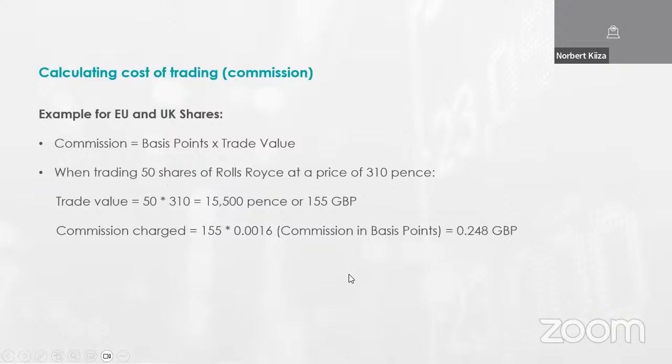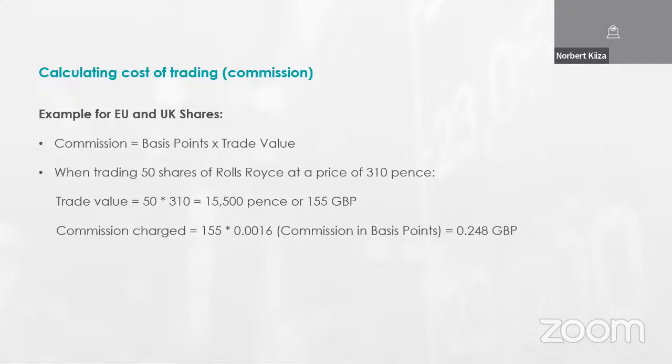When it comes to EU and UK shares, if, for example, you are to buy 50 shares of Rolls-Royce, where the price is 350 pence, you'd know the commission by taking the basis points multiplied by the trade value. In this case, the trade value would be 50 shares multiplied by the cost of each share, which is 310 pence.